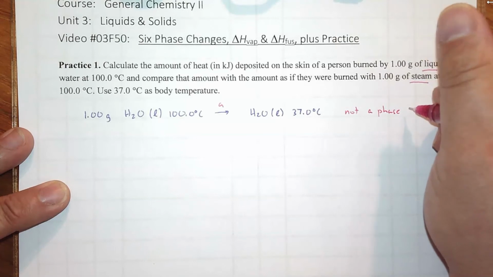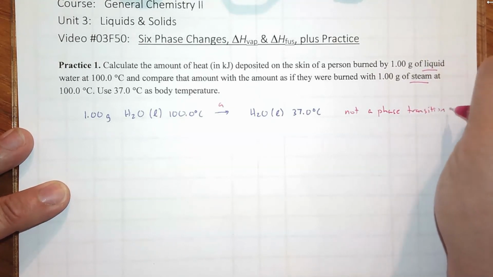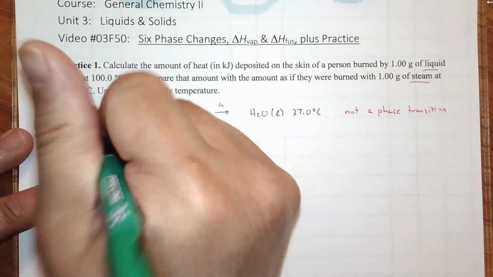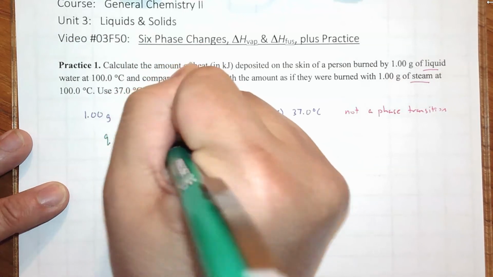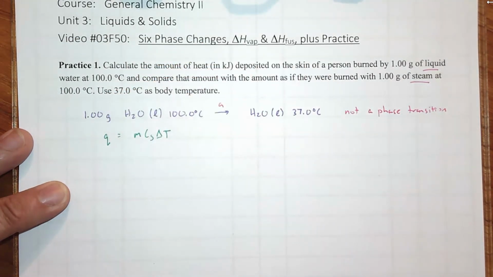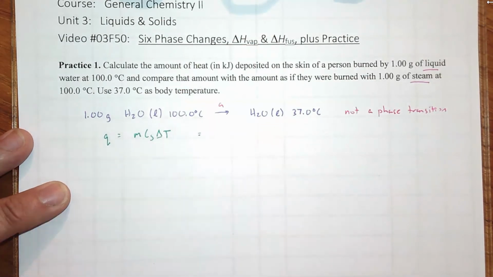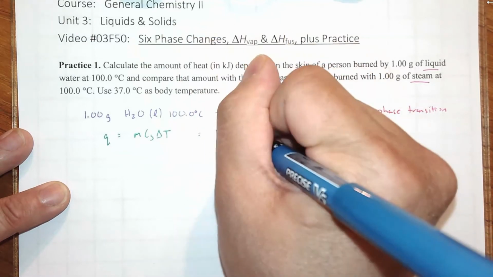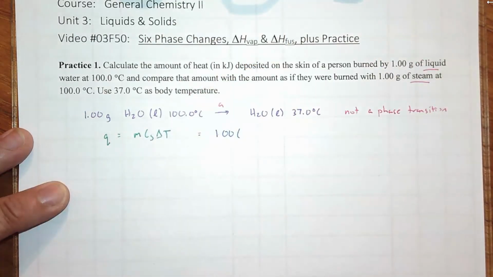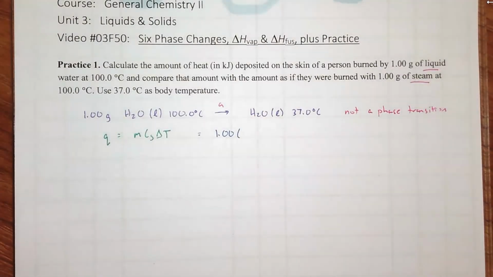This is a normal m C s delta T problem. Did you have that on your paper already? Q equals m C s delta T. So the Q associated with this process, it's not a phase transition, is 1.00 grams times the specific heat capacity, 4.184, times delta T. Okay, so I am using my notes.